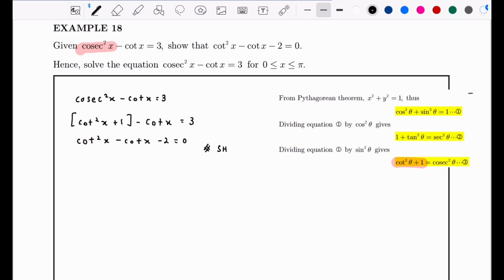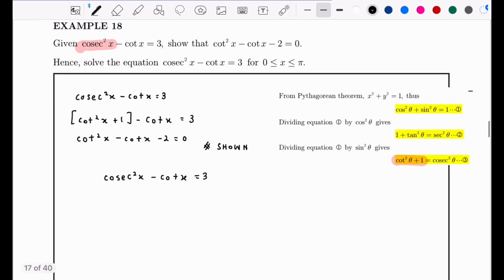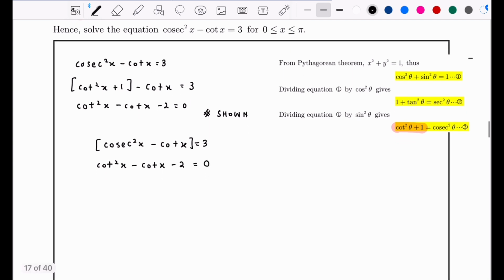Shown. Hence, solve the equation cosec squared x minus cot x equals 3. Use the previously shown equation, so cot squared x minus cot x minus 2 equals 0.